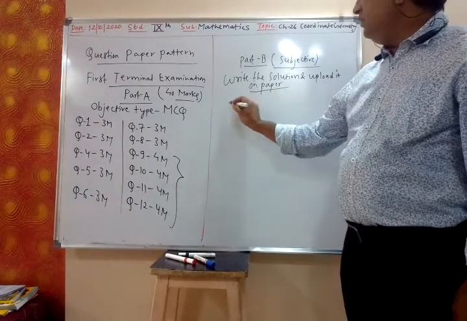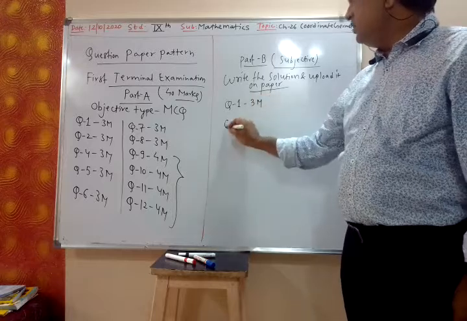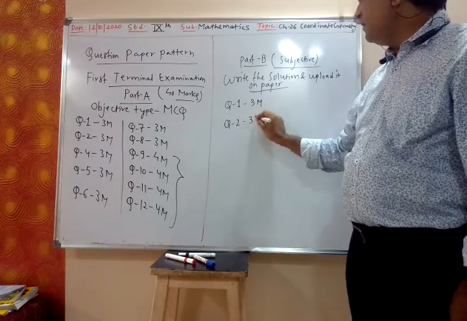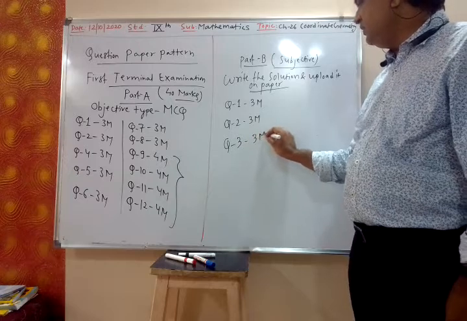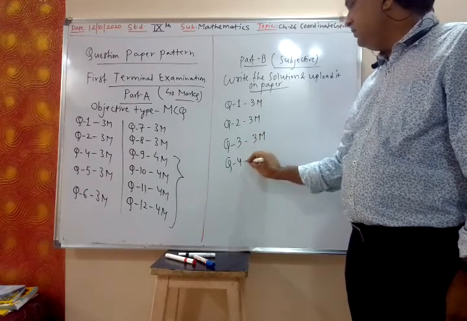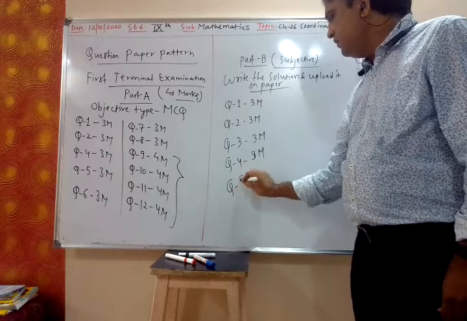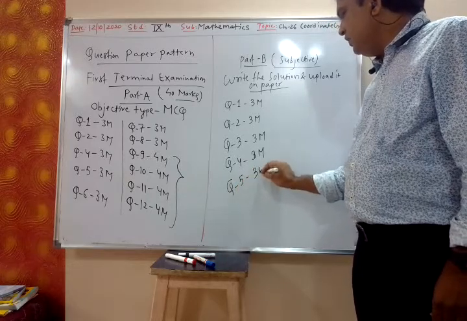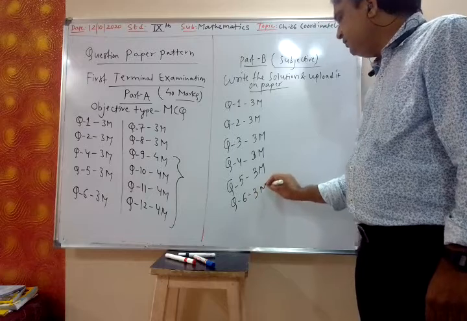Now in this also there will be 12 questions. Question number 1, 3 marks. Question number 2 will be 3 marks. Question number 3 will be 3. Same pattern. Question number 4, 3 marks. And there is no choice. Question number 6, 3 marks.